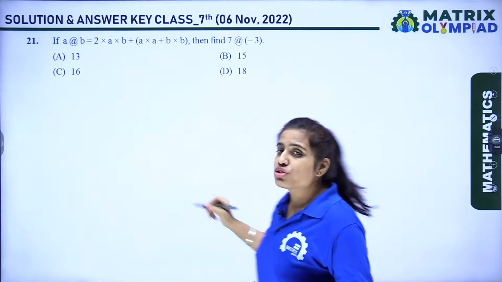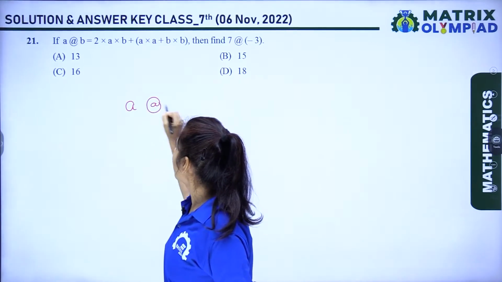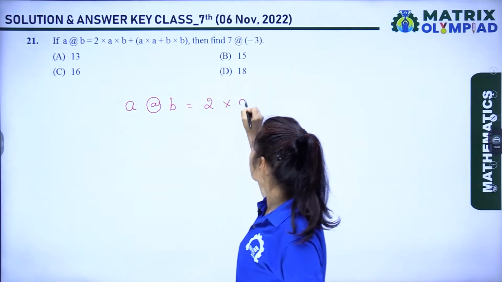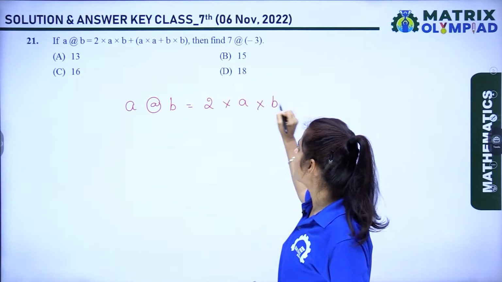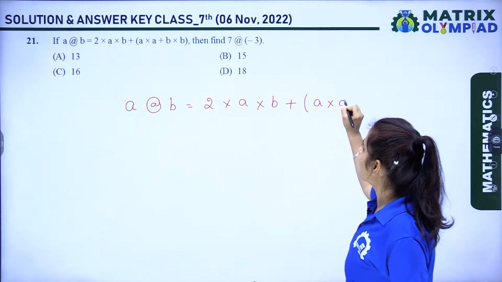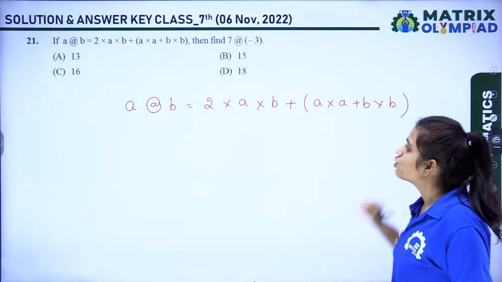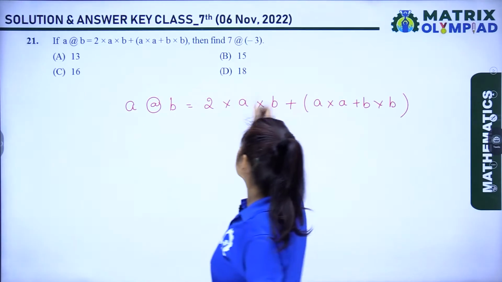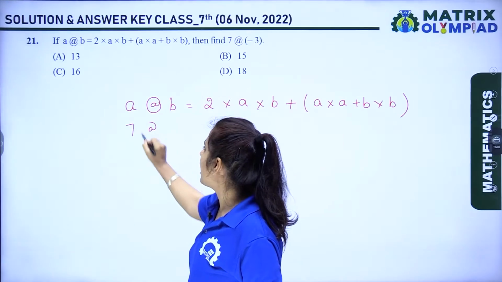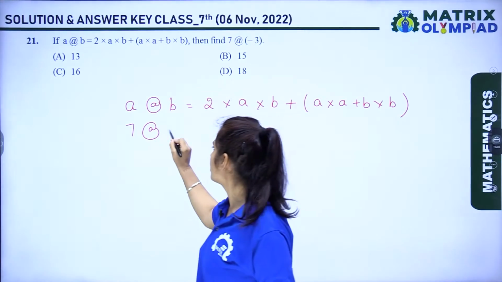Let's find out. So here we are given a @ b equal to 2 multiplied by a multiplied by b plus a multiplied by a plus b multiplied by b. So here we are going to write down, in place of a we have 7, in place of b we are putting negative 3.